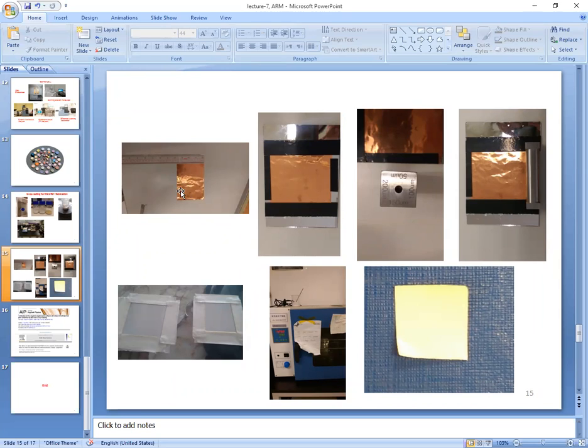We have to cut some pieces, and then manually fix them on a glass plate with squash tape. And then this is basically a die which controls the thickness of the film.